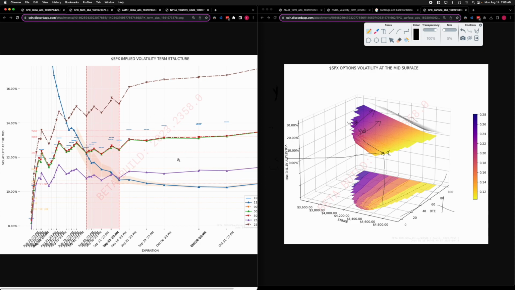So now that we've just kind of got our basics down in terms of just reading the charts, I wanted to run through a couple of different examples just so that we can get a sense of how term structure can look, because this is a very classic case of term structure, and it's what's called Contango. The terminology doesn't really matter. The point is just that further out expiries are more expensive in volatility terms than near dated expiries.